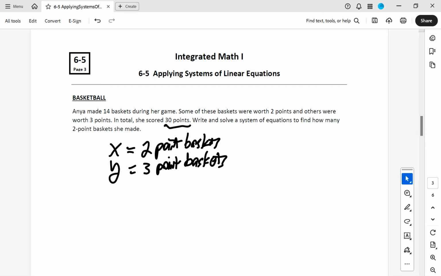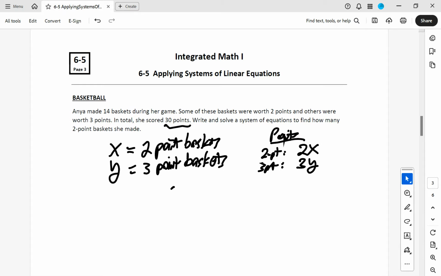So the number of points that you get, we'll do it this way. The number of points for 2-point baskets is going to be written as 2 times x, because x is the number of baskets. And for 3-point baskets, it's going to be 3 times y. And that does make sense. Well, we know that she scored 30 points.